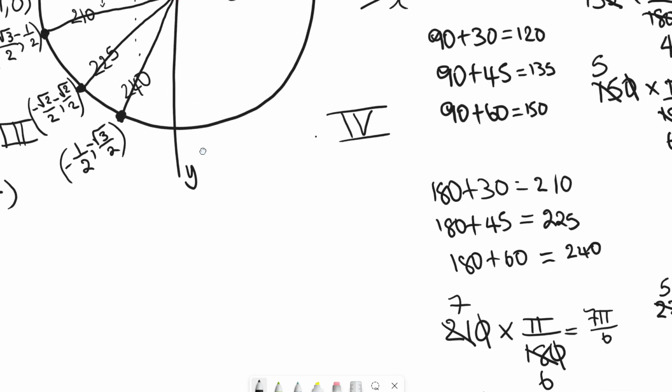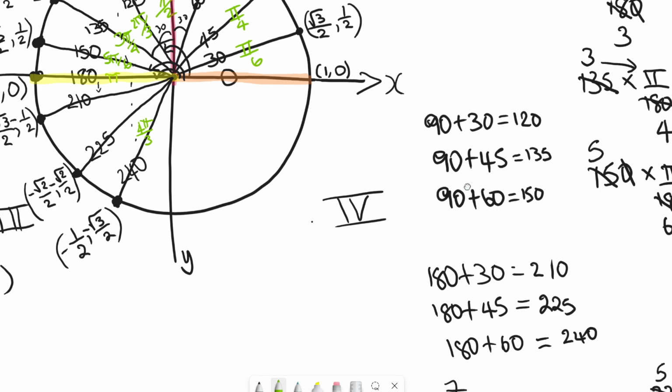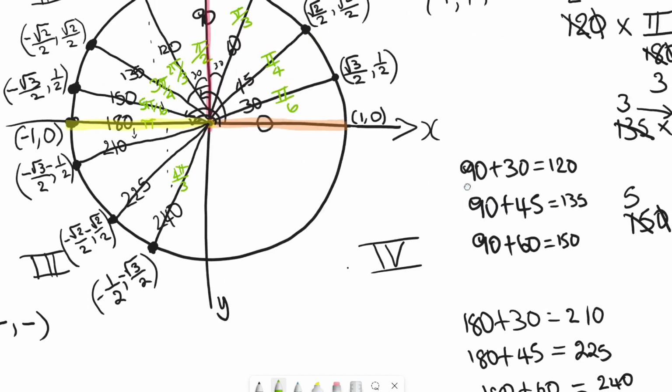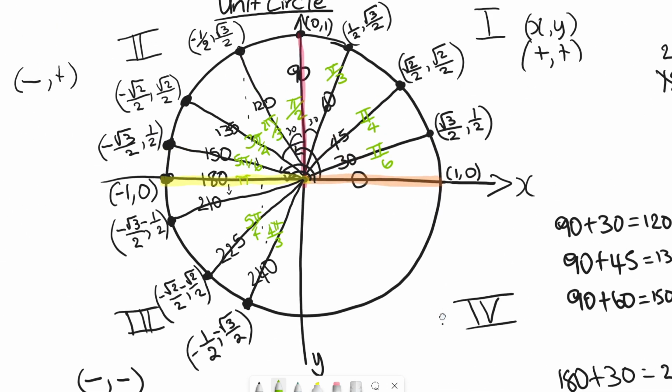So for 240, we had 4 pi divided by 3. Okay, and then for 225, we had 5 pi over 4. And then for 210, we had 7 pi over 6.